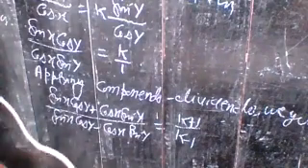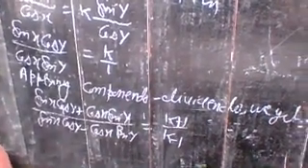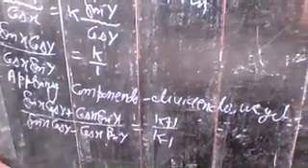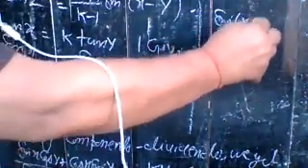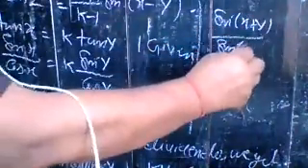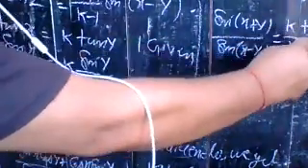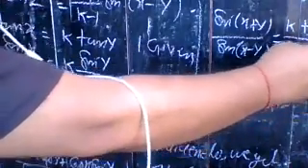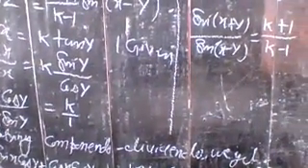So that can be written as sin(x plus y) upon sin(x minus y) is equal to (k plus 1) upon (k minus 1). Here you have a result like that.